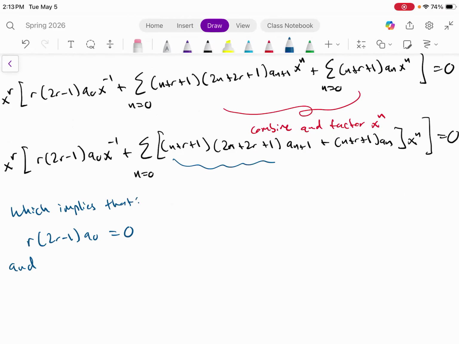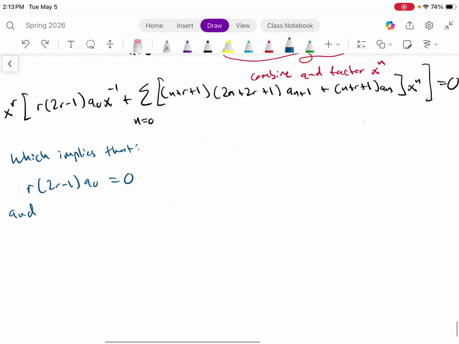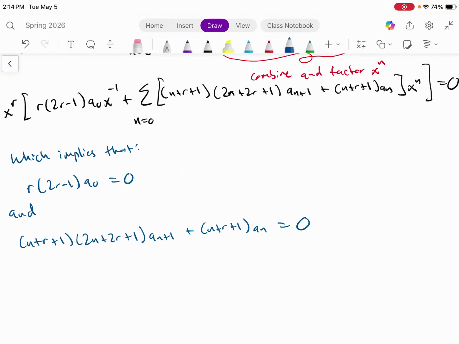And all these other coefficients equal 0 as well. So kind of a lengthy one. Let's go ahead and write it: n plus r plus 1 times 2n plus 2r plus 1 a sub n plus 1 plus n plus r plus 1 a sub n all equals 0.